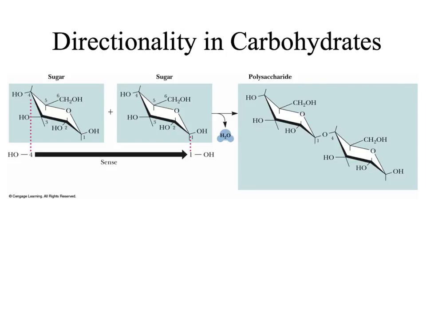Now in carbohydrates, we have polysaccharides, which are going to be built, or these larger structures are going to be built by linking the first carbon of one monomer unit with the fourth carbon of a neighboring unit in this particular case. Now, different types of carbohydrates will come together in different ways, and we'll study that when we get to the chapter on carbohydrates.